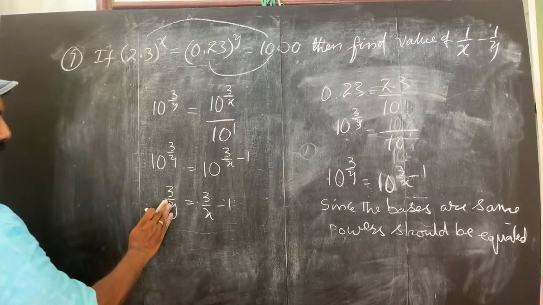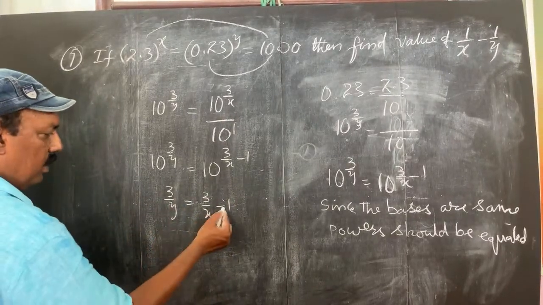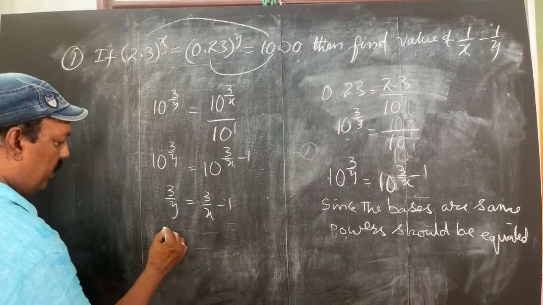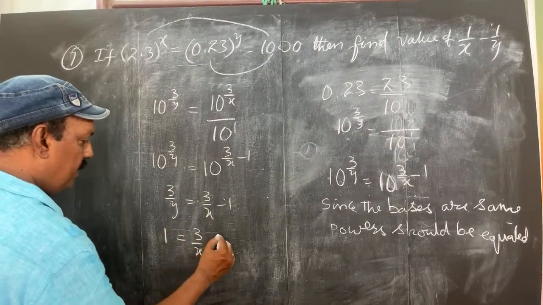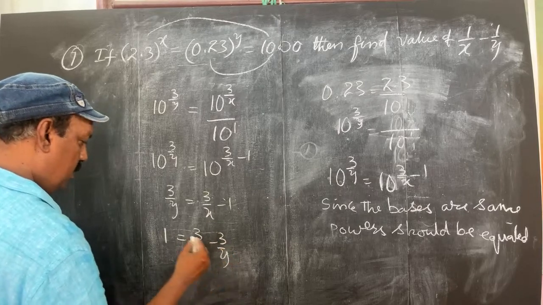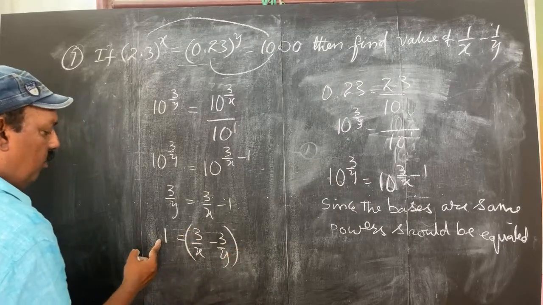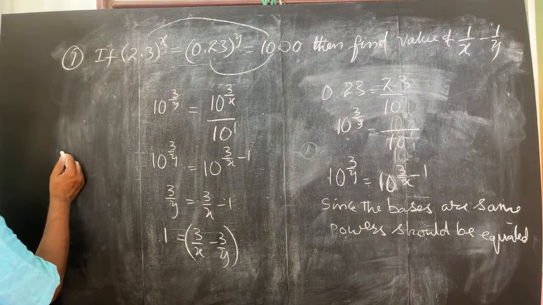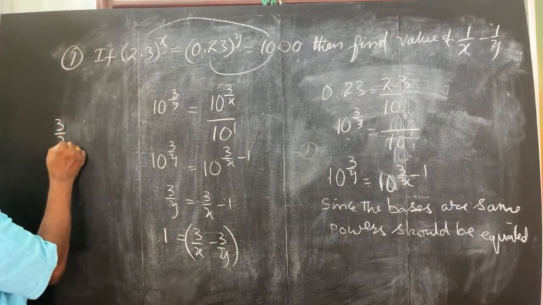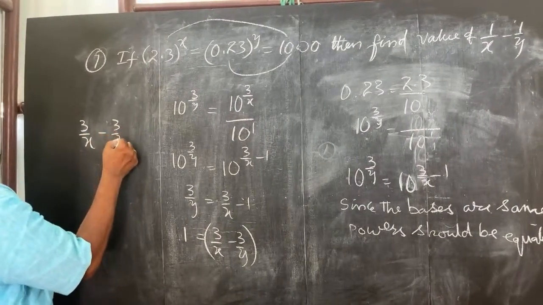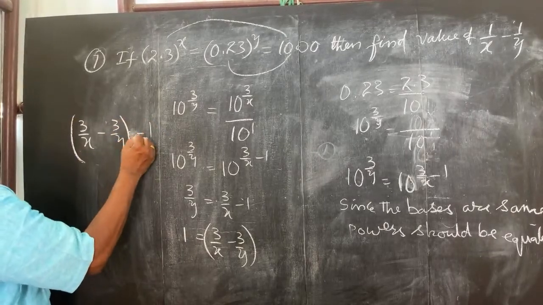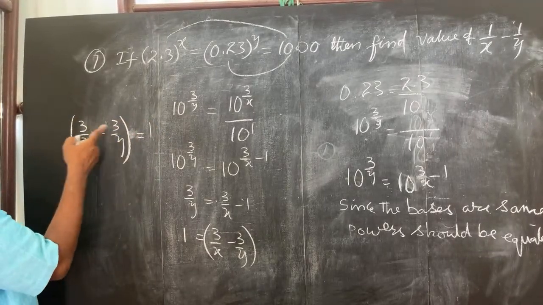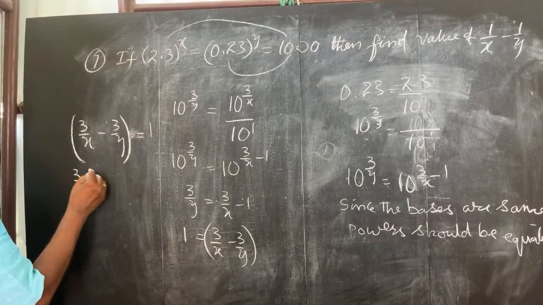Now I will send this to the other side, then minus 1 will become plus on this side. 3 by x minus 3 by y is equal to 1, we can write it like this also. Since the numerators are the same, I take it as common.